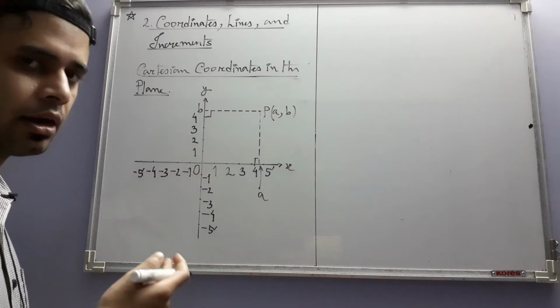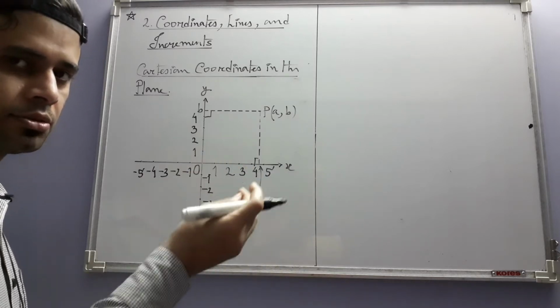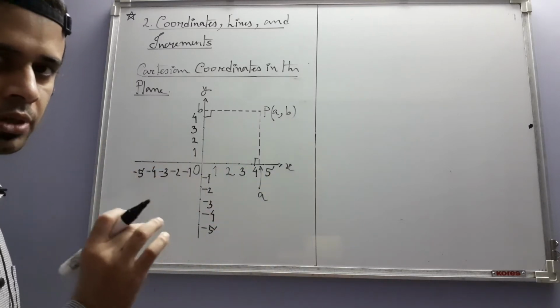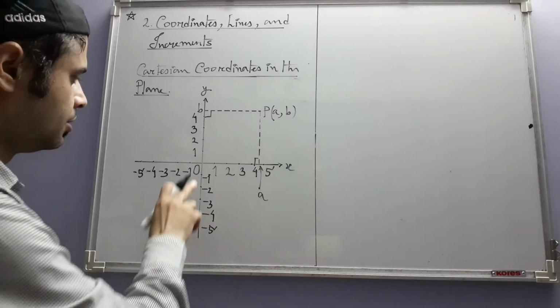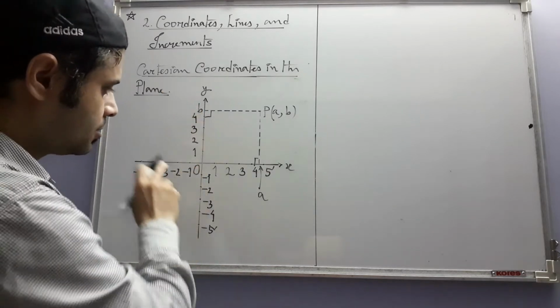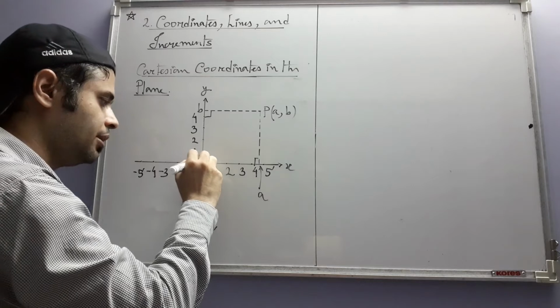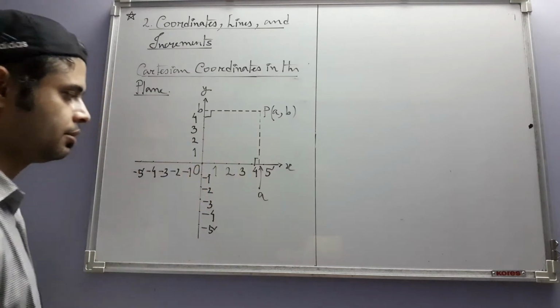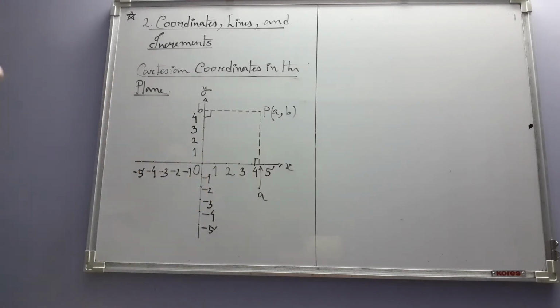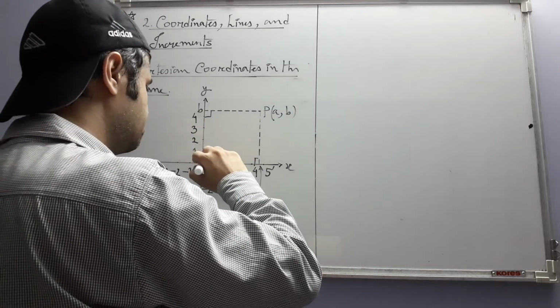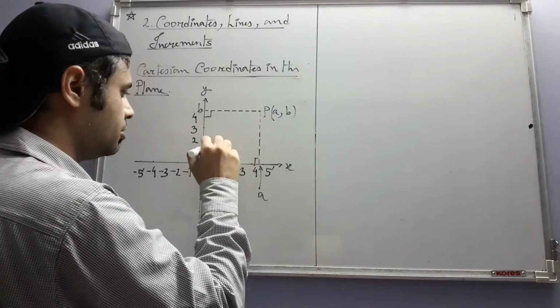If you draw a real line and then put the real numbers, you get one point which represents the number 0. So the two zeros of these perpendicular real lines meet. That is where they intersect, and that place is called the origin.